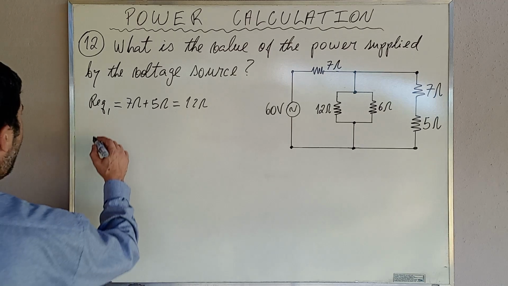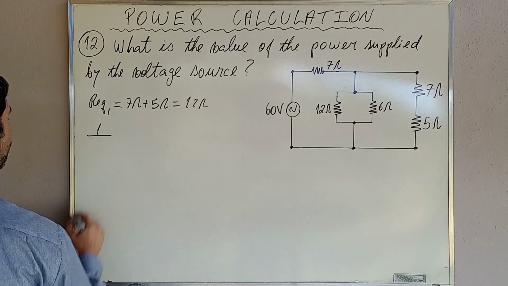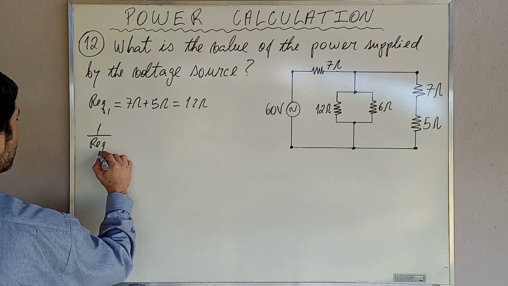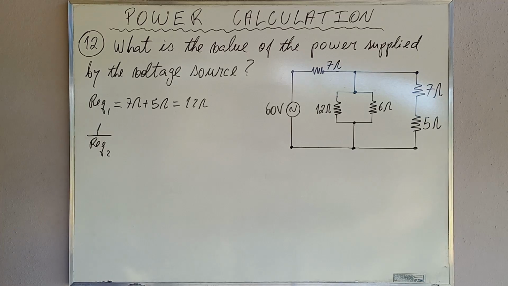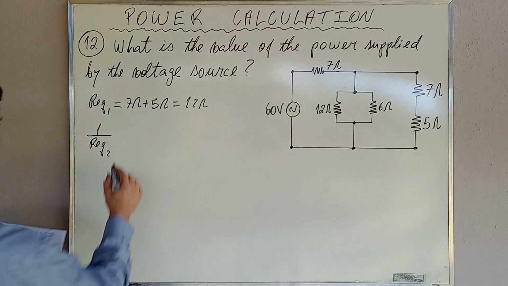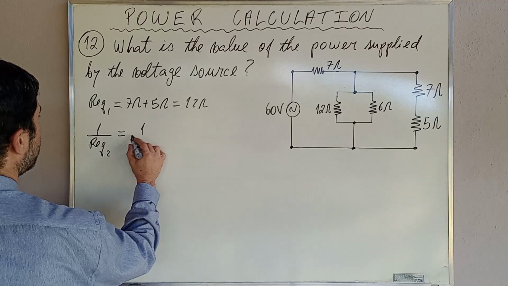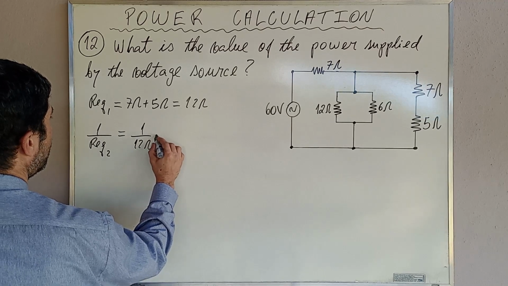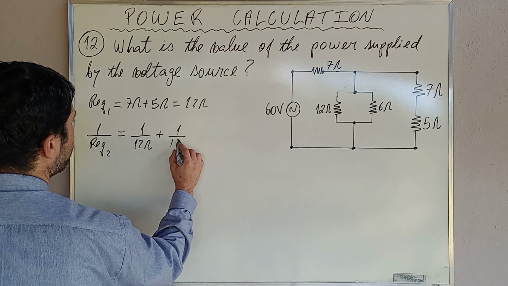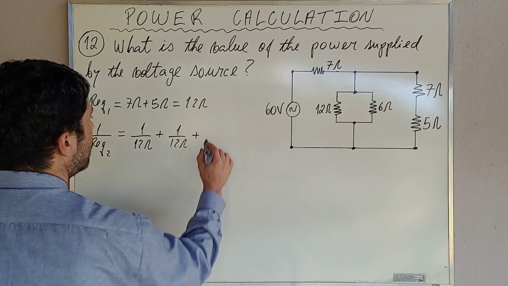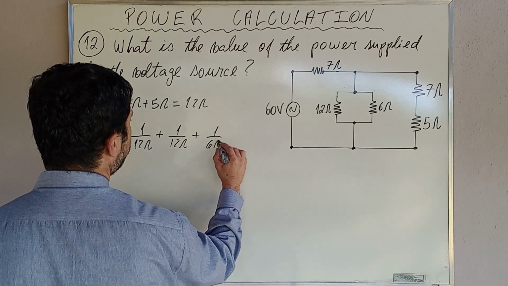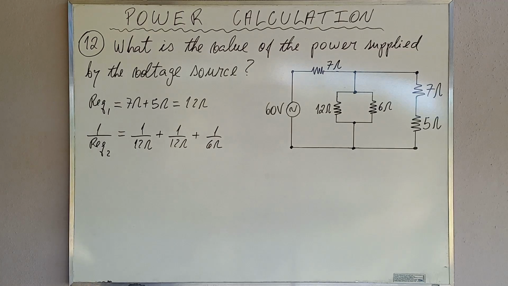It is 1 over equivalent resistance number 2 is equal to 1 over 12 plus 1 over 12 plus 1 over 6.